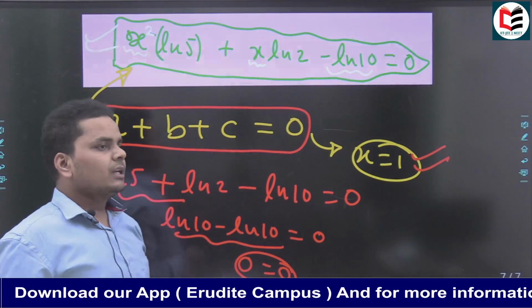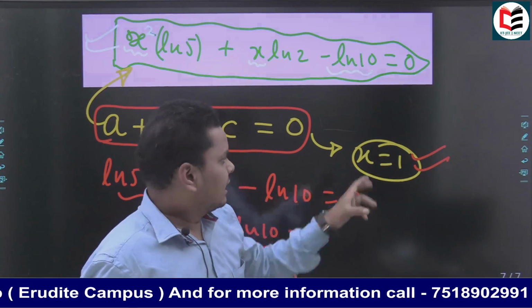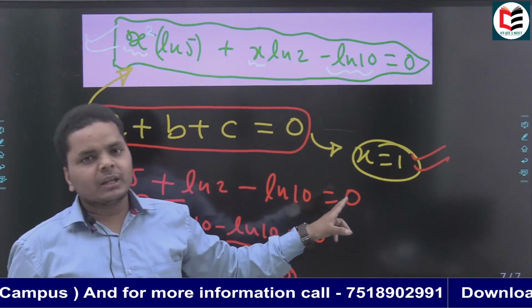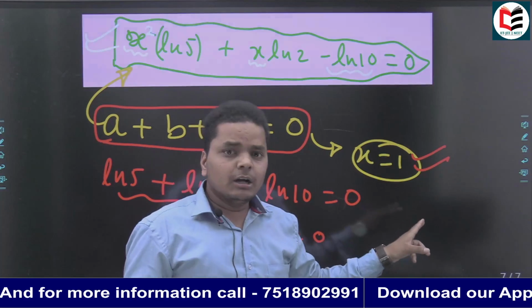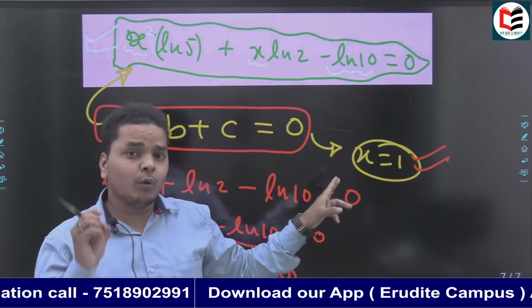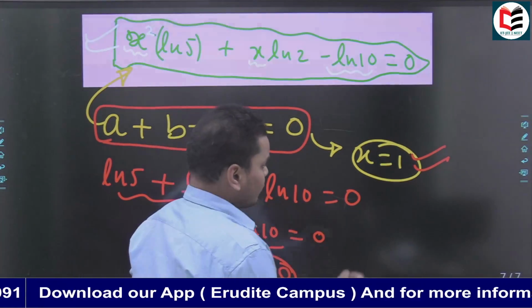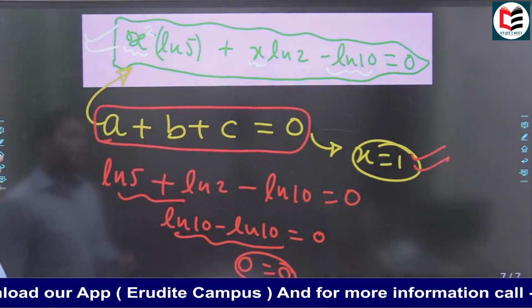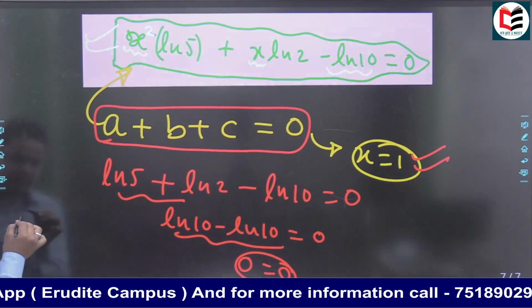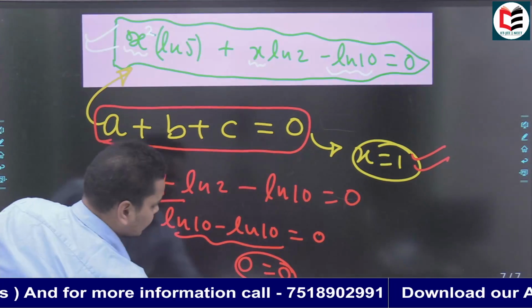And second, you can apply Vieta's formula also, because the most important point to remember is that if one of the roots is x equal to 1, then the product of the roots must be equal to c by a.